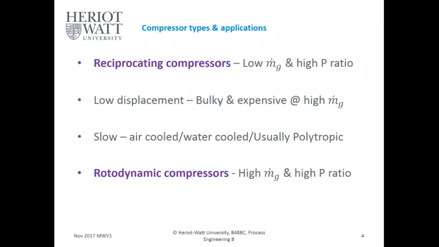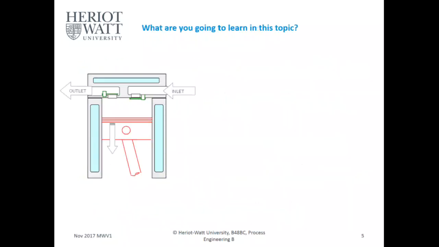So high mass flow of gas, high pressure ratio. And these rotodynamic compressors can operate at very high speed, and they're almost adiabatic. So it follows your adiabatic rules. You pretty much assume it's always adiabatic.